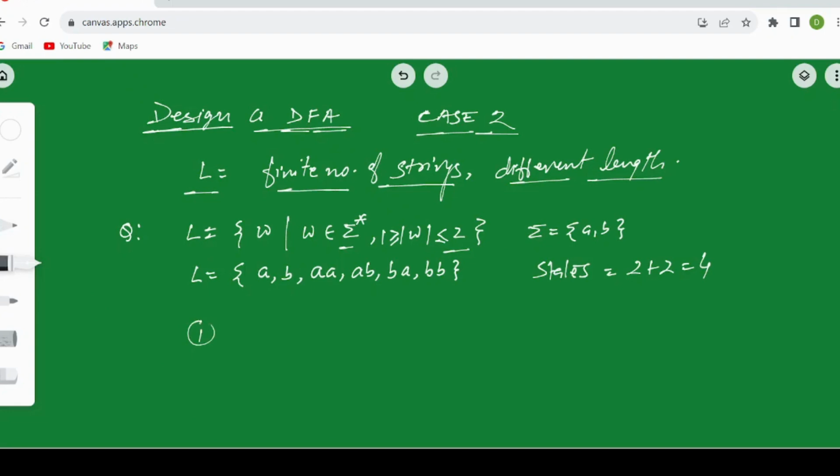Let's say this is state number 1, this is state number 2, this is state number 3, this is state number 4. So this is our initial state. And this arrow is representing the first input symbol.